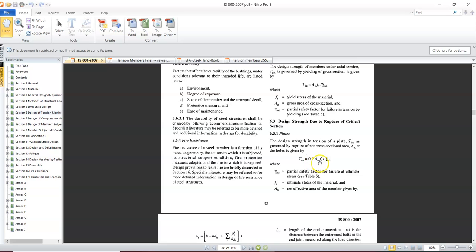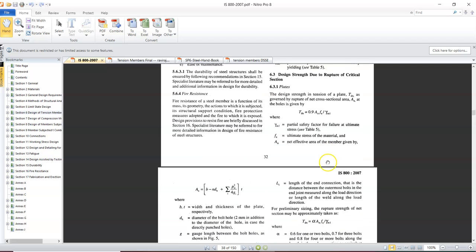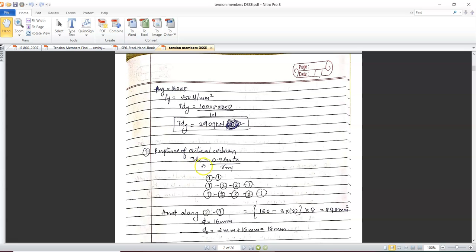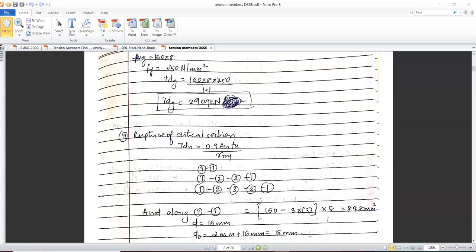Tdn is equal to 0.9 into An into Fu divided by gamma m1. The same formula is also written here. Now 0.9 is a constant.